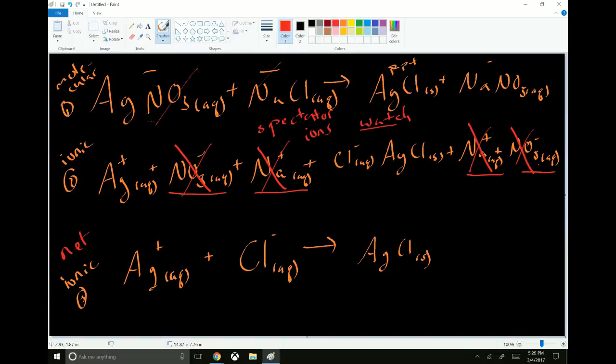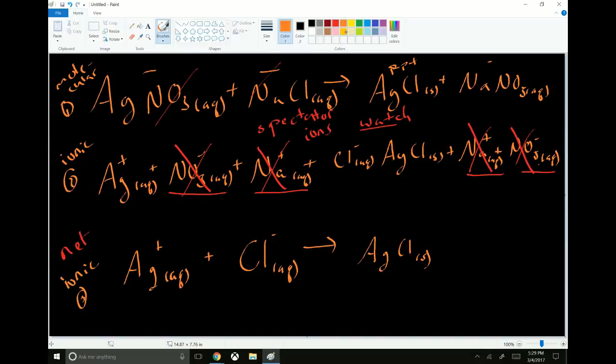The sodium and the nitrate up in the first equation, they don't participate, we don't need to consider them, but in the first equation, you kind of have to. The third equation only has the stuff that's participating, only has the stuff that matters. We very rarely use the second equation for anything.